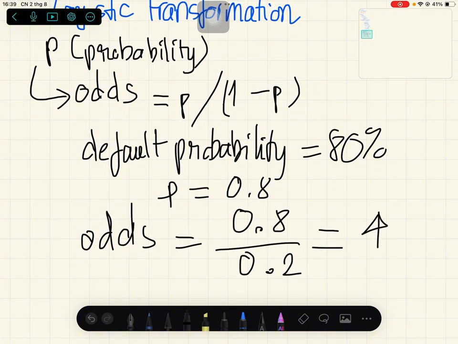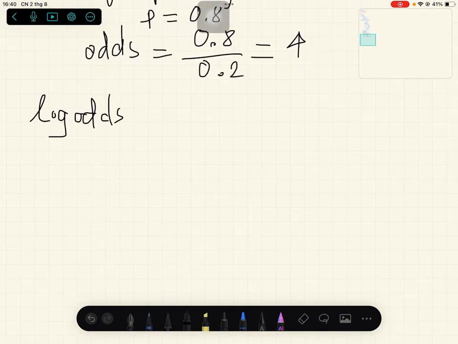In other words, default is 4 times as likely as no default. But odds still aren't ideal for regression. They range from 0 to positive infinity, so we go one step further. We take the natural logarithm of the odds. This gives us the log odds, also called the logit.